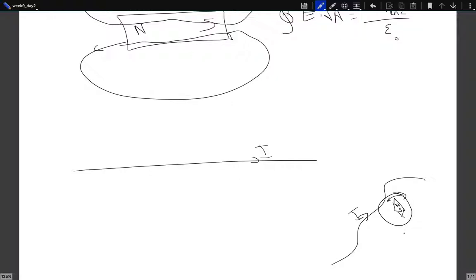Well, the compass is a magnet. It feels the magnetic field. So since the current changes the rotation of the compass, it tells us that the current also creates a magnetic field. So it was a connection between the electric charges and magnetic fields.